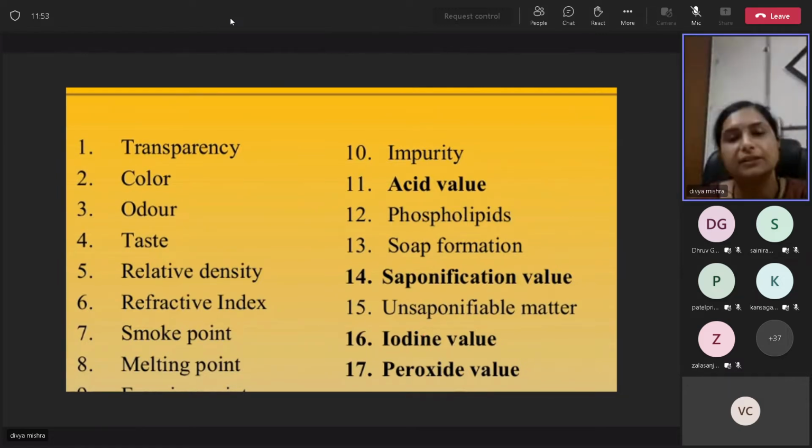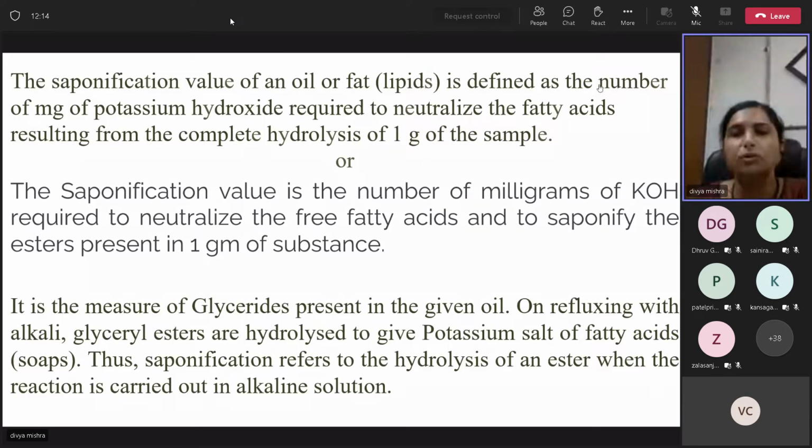For detailed analysis, peroxide value, phospholipids, unsaponifiable matter, impurities, and other physical properties like transparency, color, odor, taste, relative density, refractive index, smoke point, melting point, freezing point, everything is determined. So, in a simple way, we will first of all define what is the saponification value of an oil or fat.